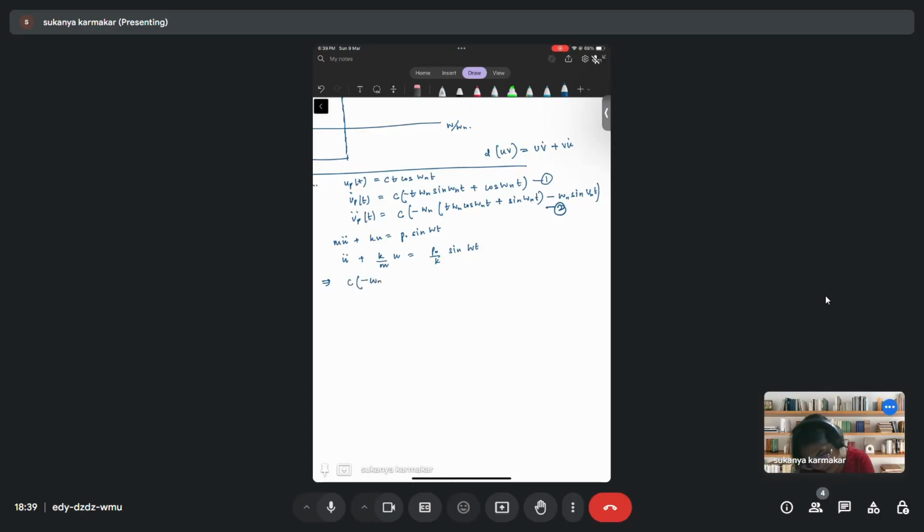Minus omega n square t cos of omega n t, minus omega n sine of omega n t, minus omega n t, plus k by m is omega n square. U is c t cos of omega n t plus p naught by k sine of omega n t.